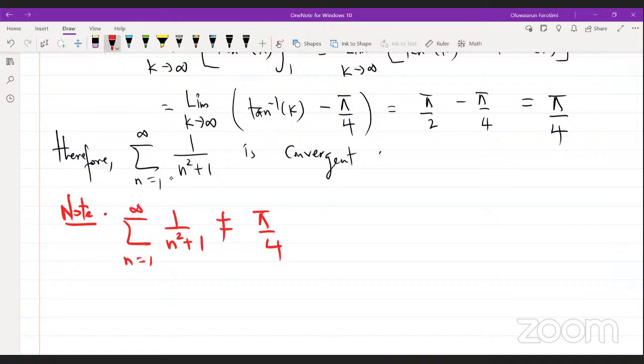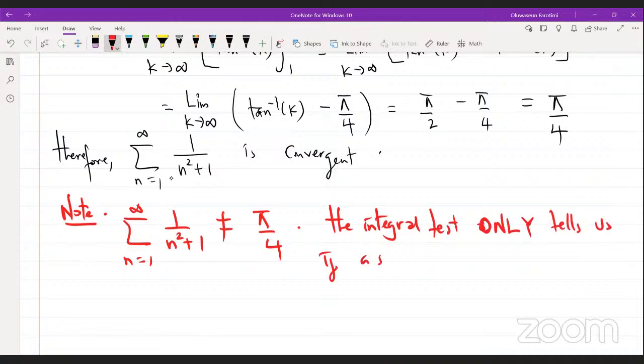No. The integral test, let me capitalize this, only tells us if a series is convergent or divergent. This is an important point.